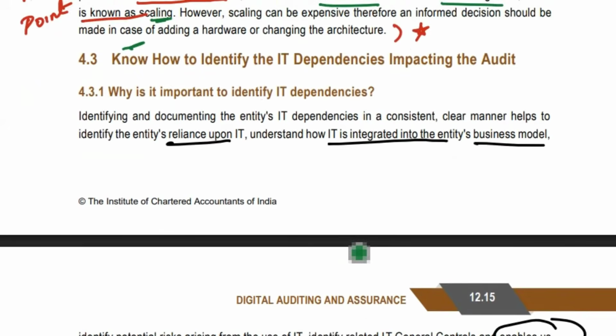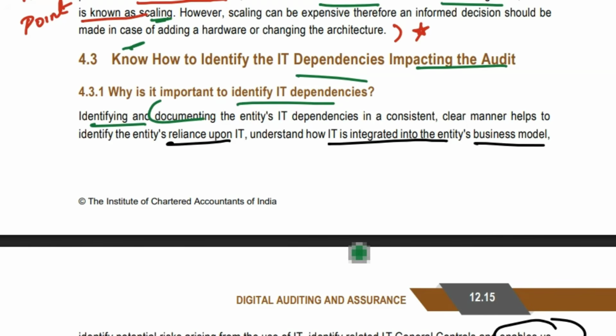Now, how to identify the IT dependencies impacting the audit. Why is it important to identify IT dependency? Why should I know IT dependency? We have to identify and document the IT dependency. Why?